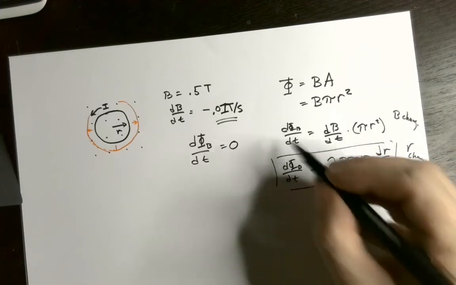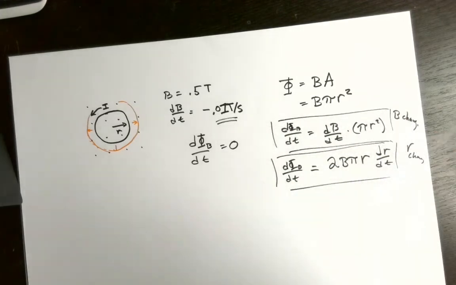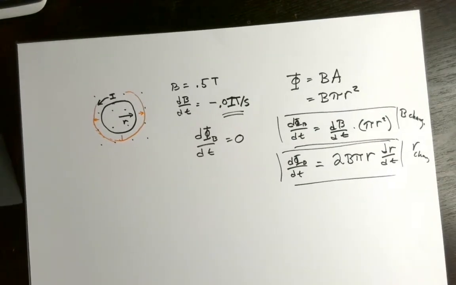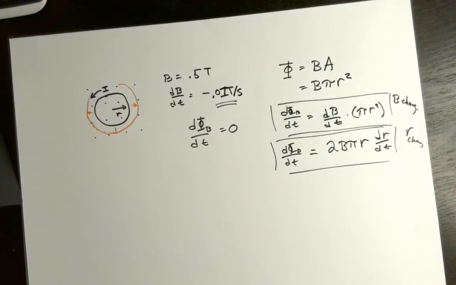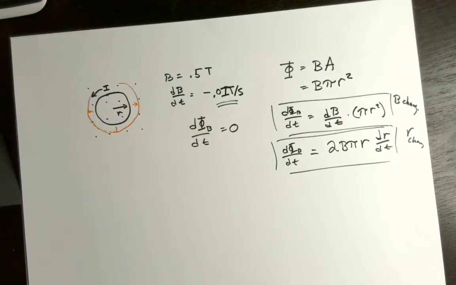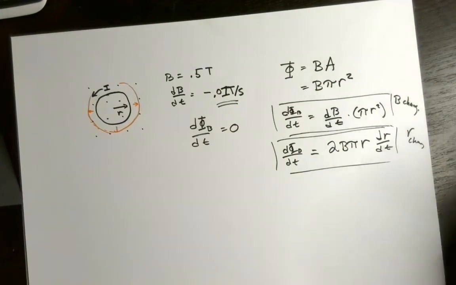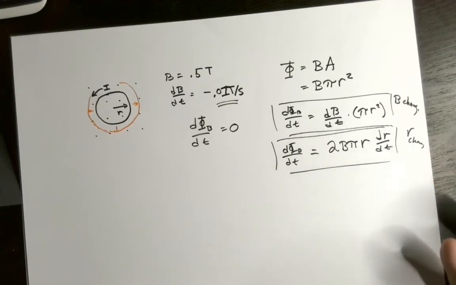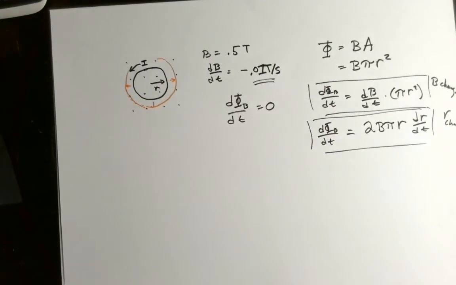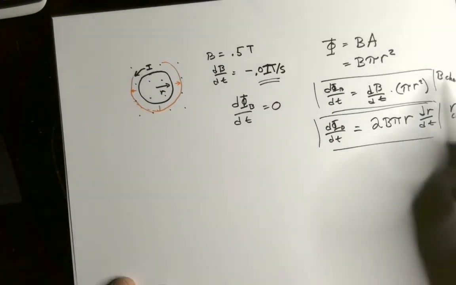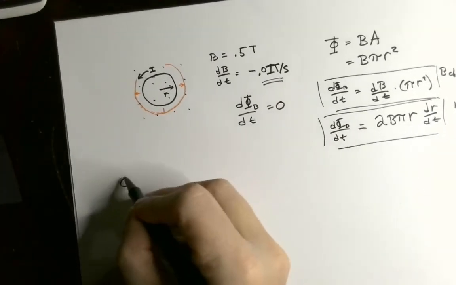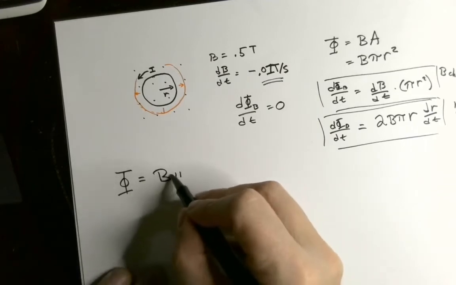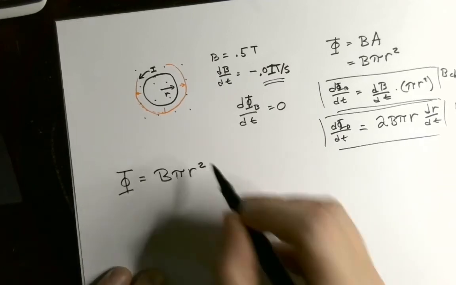But they're both changing. So we need to be careful with how we tackle this derivative. We could simply say this is equal to this, and that would give us the right answer, but I want to be a little more careful. If both B and r are changing, you write phi equals B times pi r squared.